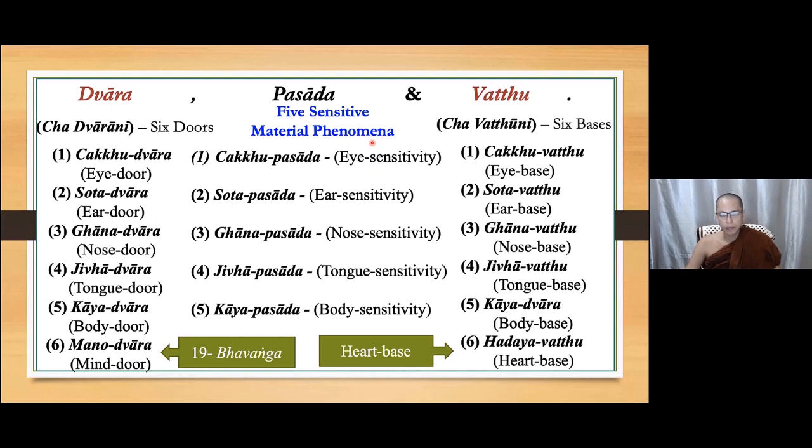There are 28 materialities, which we will study in chapter 6. Here the five are usually related to the occurrence of the mind as one of the conditions. So the former five dwara and five vatthu are five sensitive matters in essence.